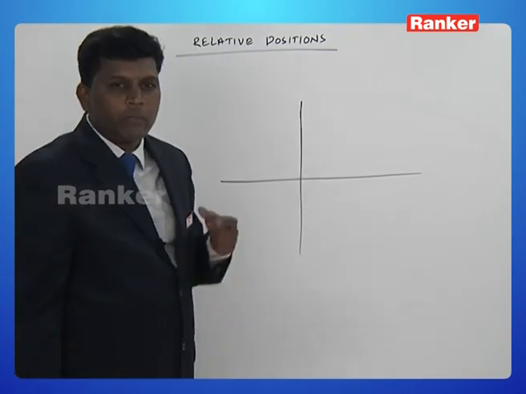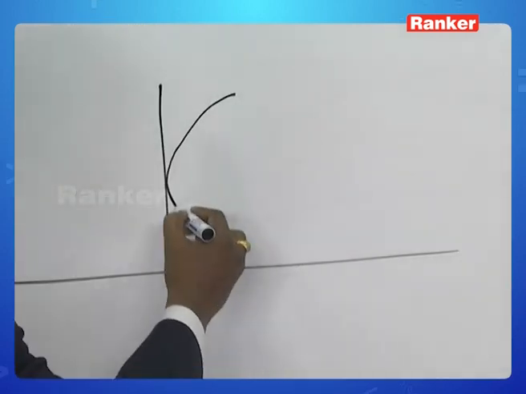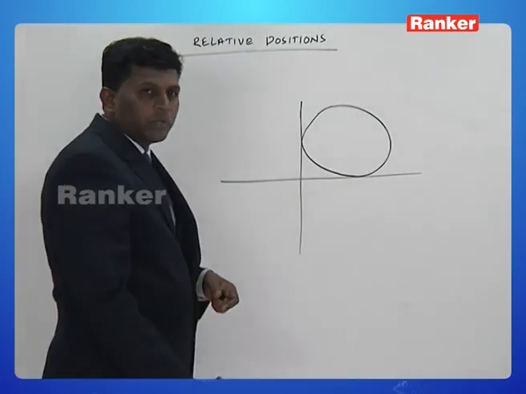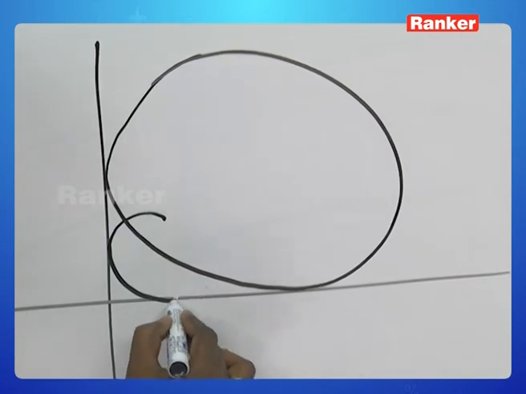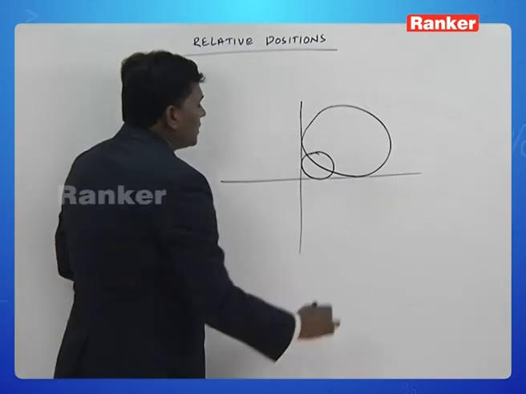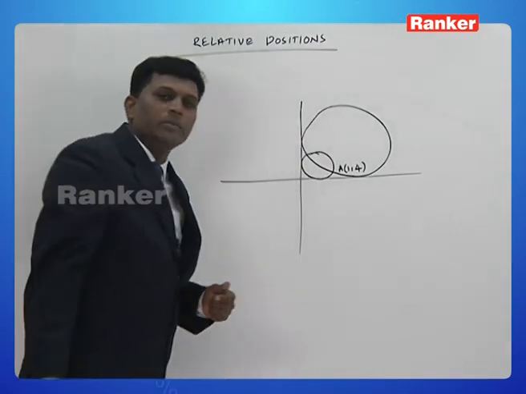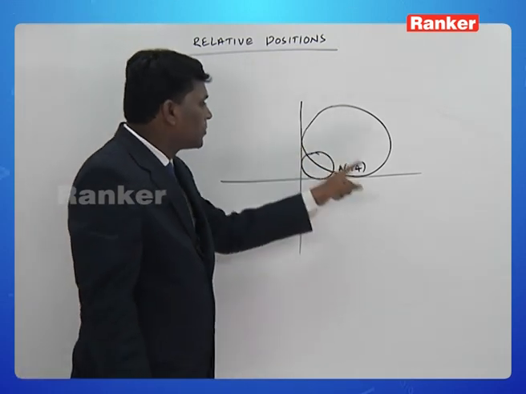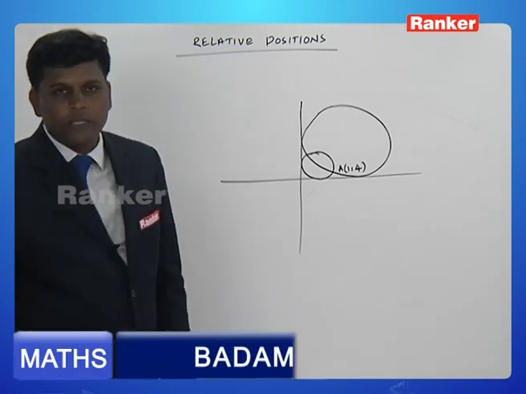According to the given problem, two circles touching both the axes are intersecting at the point A (1, 4).